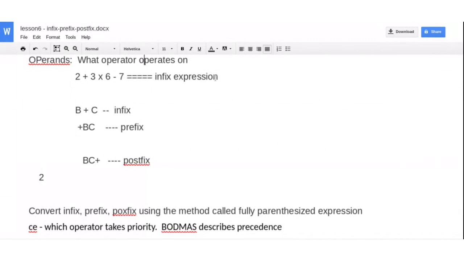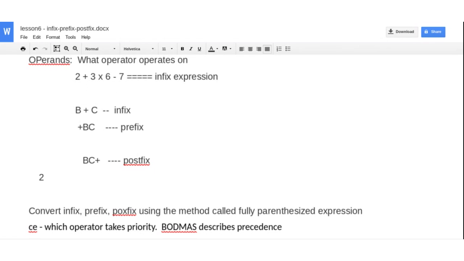If you keep it like this and follow BODMAS, the one which has the highest precedence is the multiplication. Plus and minus have the same precedence level, so none has priority over the other, and the standard is that operators at the same precedence are done from left to right.